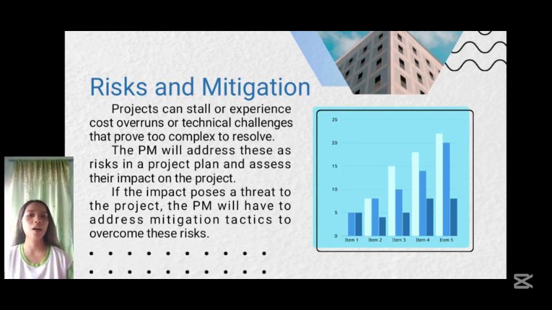As for mitigation strategies, if a risk poses a threat, the project manager will develop and implement strategies to address or minimize its effects. Mitigation efforts may include adjusting resources, reworking timelines, or implementing backup solutions to ensure project continuity.